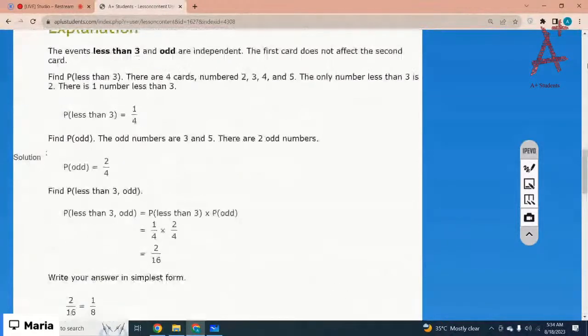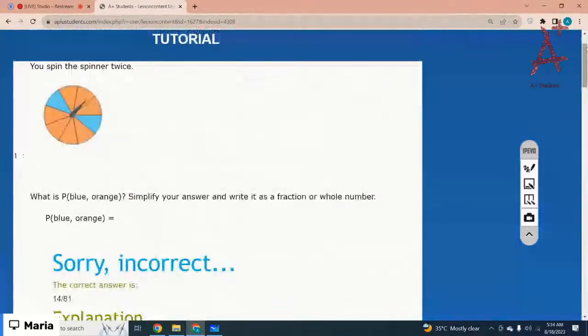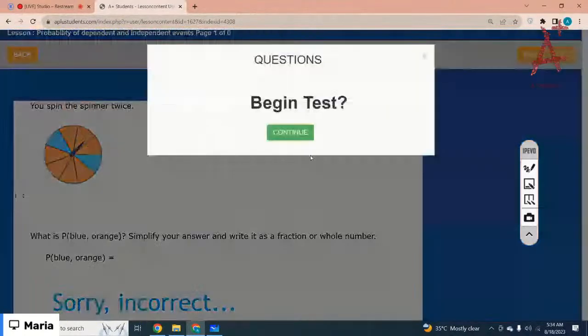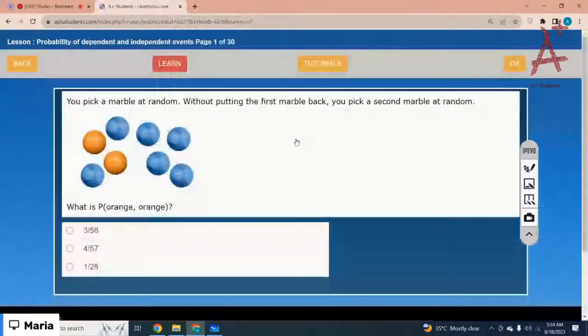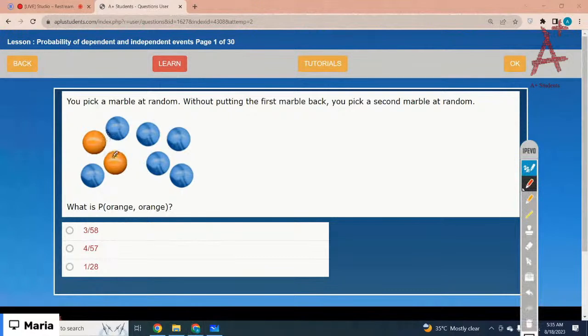Let's just start with the practice questions. You pick a marble at random. Without putting the first marble back, you pick a second marble at random. What is the probability of orange and orange? If you select orange the first time, you have two options, so 2 out of 8, right?